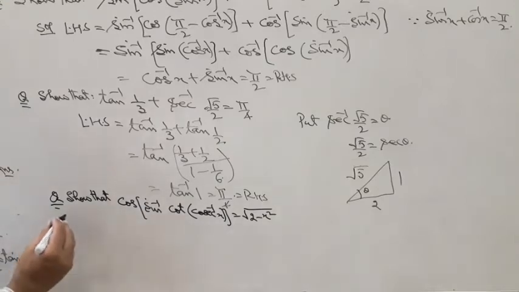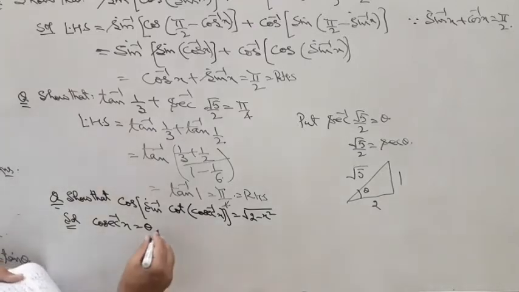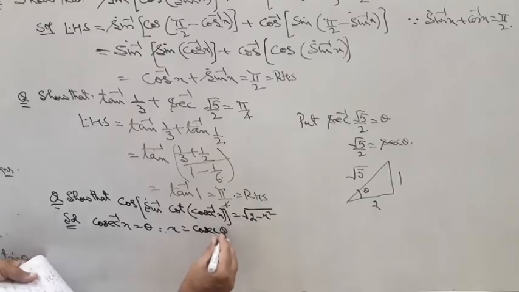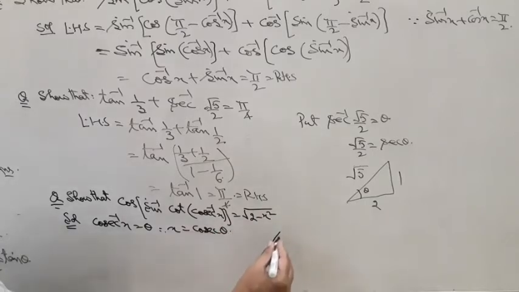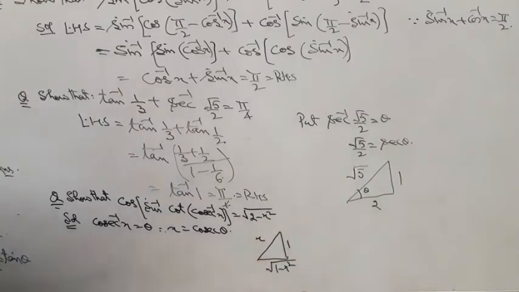See, the solution which I can explain here: let us say cosecant inverse x is equal to θ. Therefore, x is equal to cosecant θ. Now draw a triangle, check up, and see cosecant θ is x over 1. This is under root of 1 minus x square.